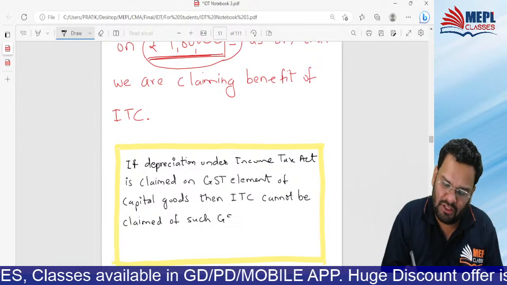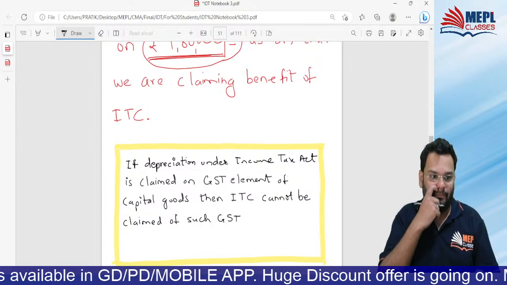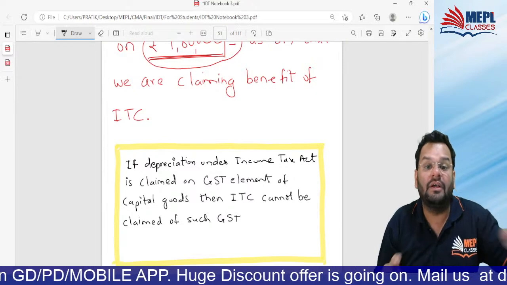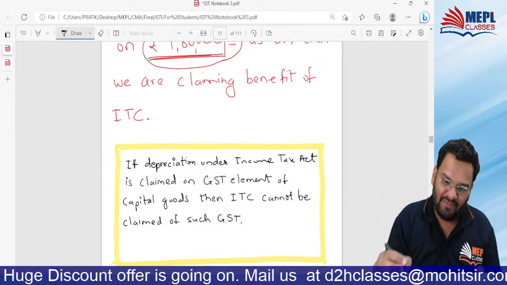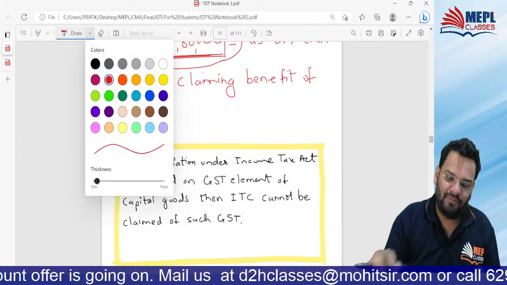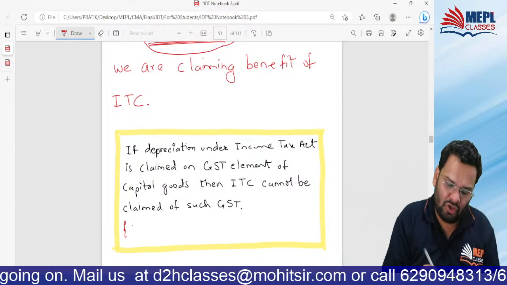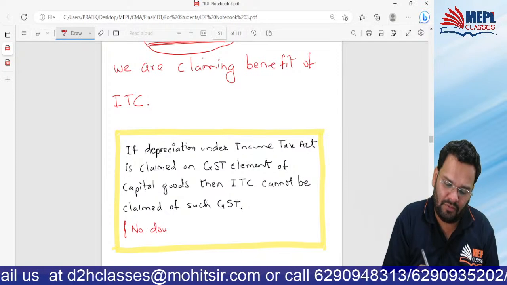Isn't it very logical? In short, guys, no double benefit. Is it clear to all of you?